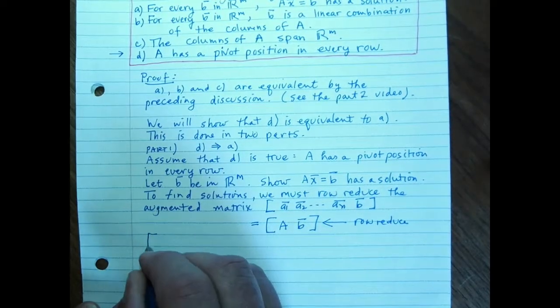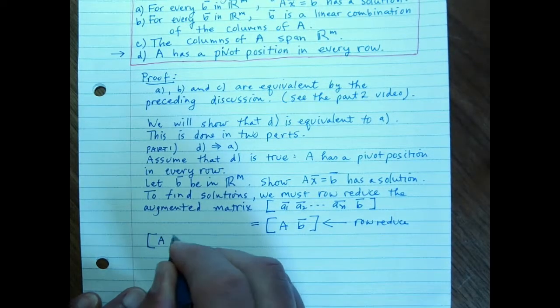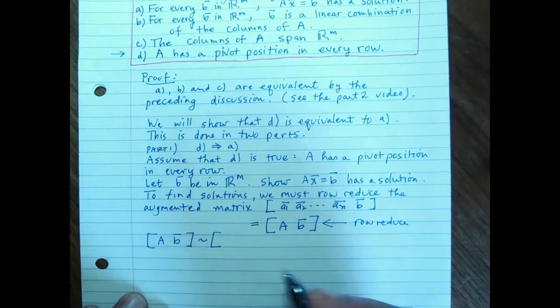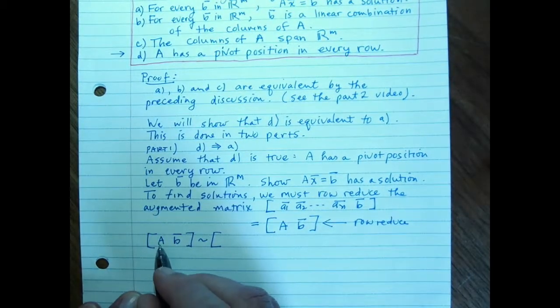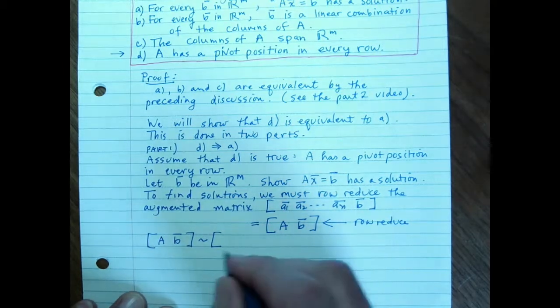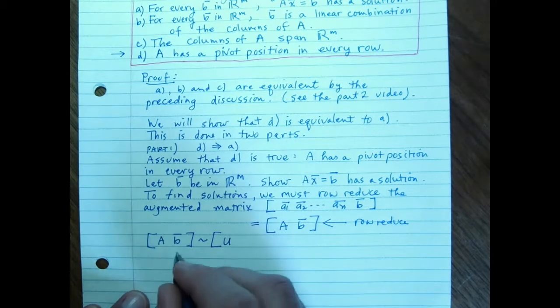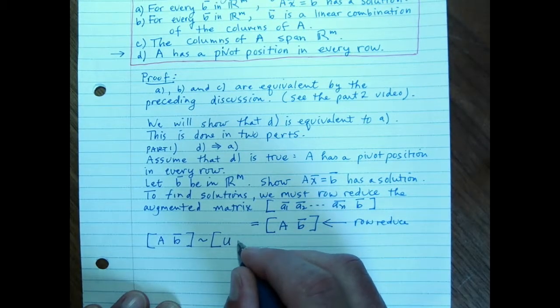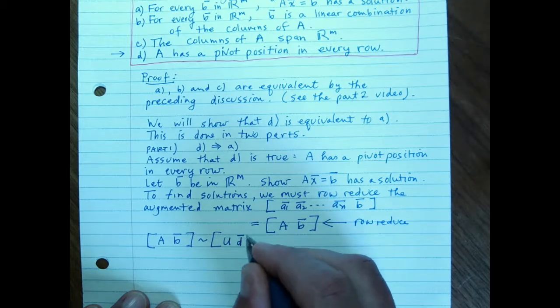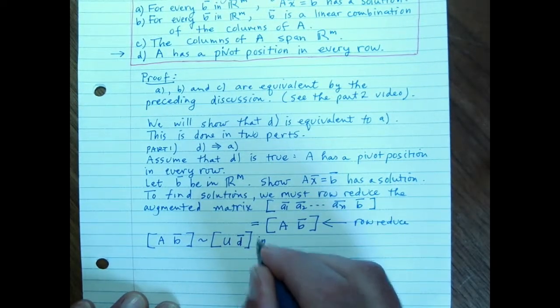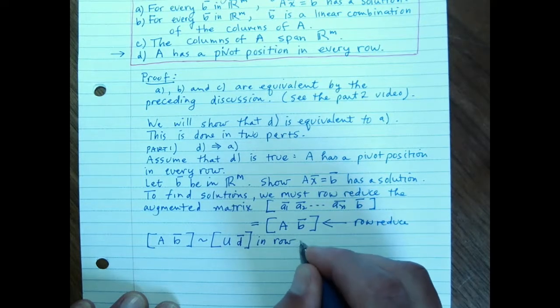And so [A b] in its row reduced form will turn into something else. There will be new entries in the position of A's columns. I'm just going to call that U. And b will also turn into something else. So I'm going to call that d in row reduced form.